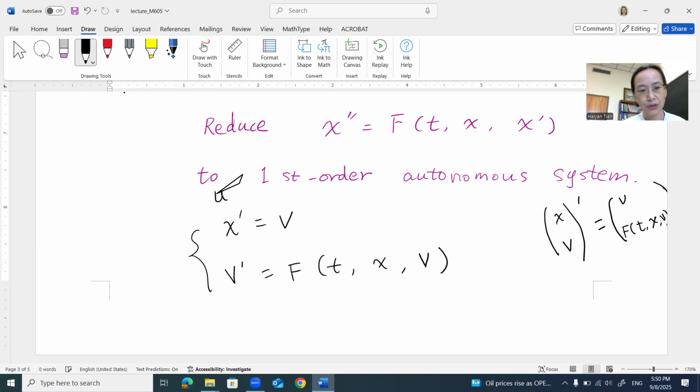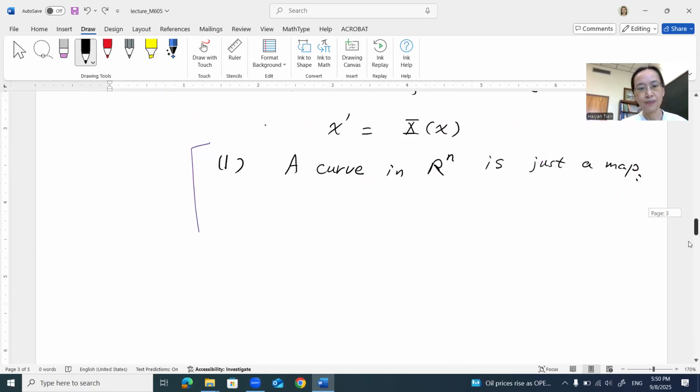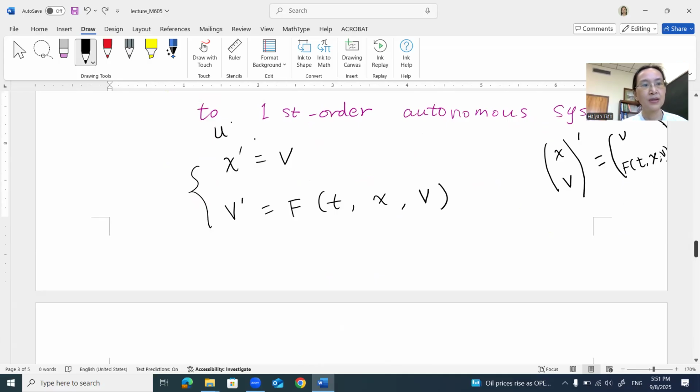Therefore, the u derivative will be 1. So my goal is simply to make t disappear. So my u is actually t.